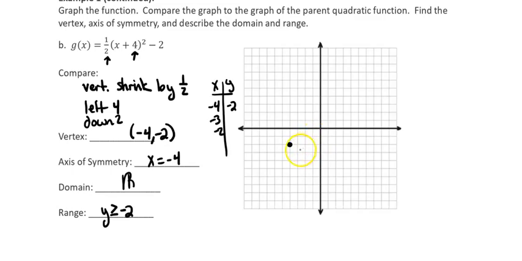So we're going to go to our calculator and plug this in. And let's see here, when we plug in -3, we end up with -1.5. So that's right there. And then when we plug in -2, we end up with 0. And here's our graph.